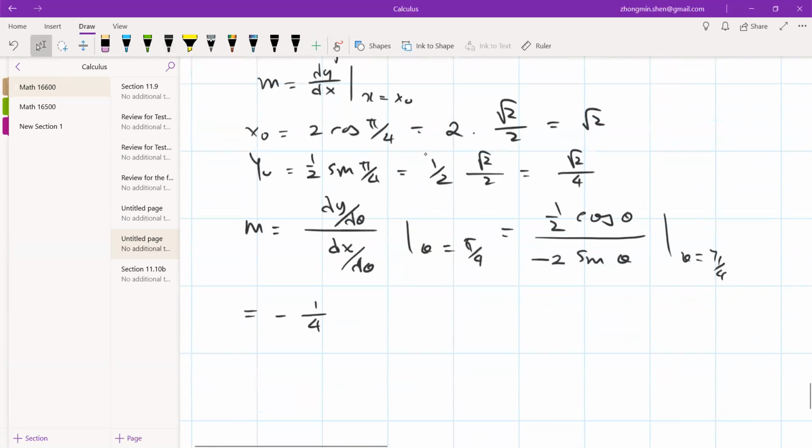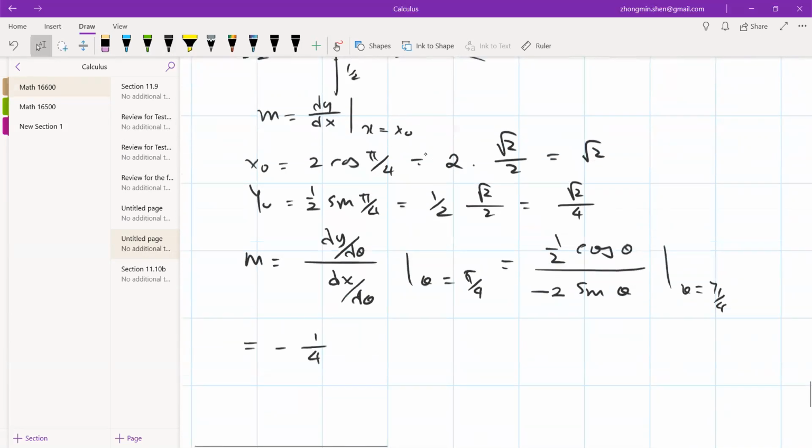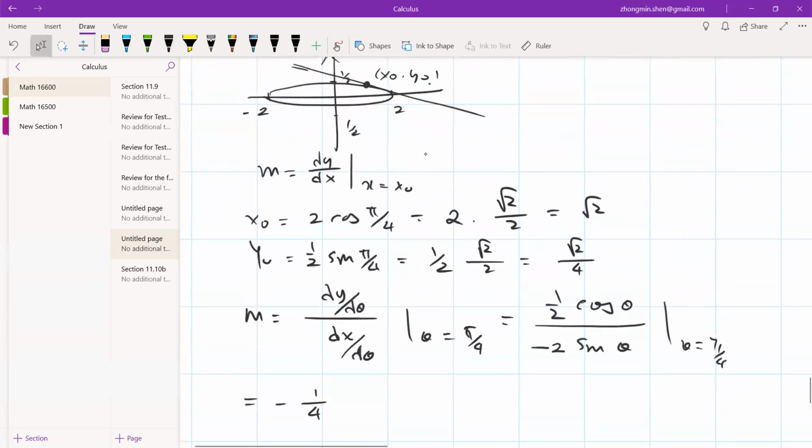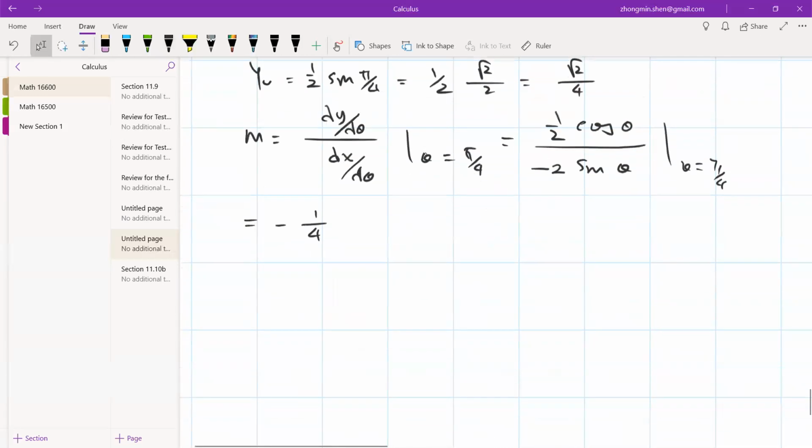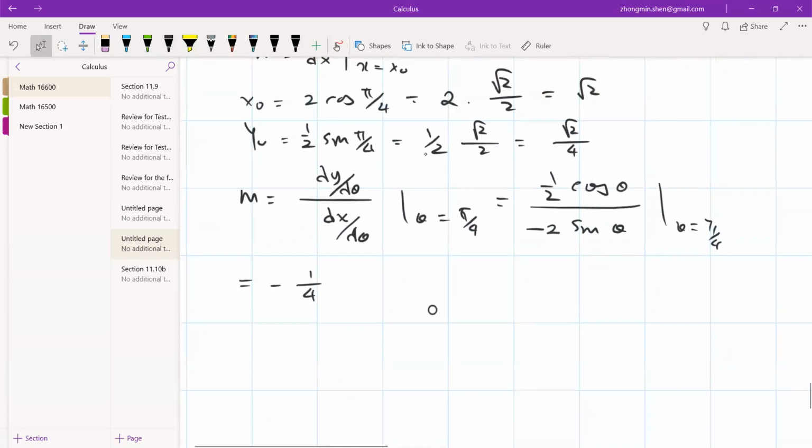You just evaluate, find the derivative. Because y equals half of the sine, the derivative is half of a cosine. Anyway, so you got the slope, you got the derivative, and the equation is y equals.